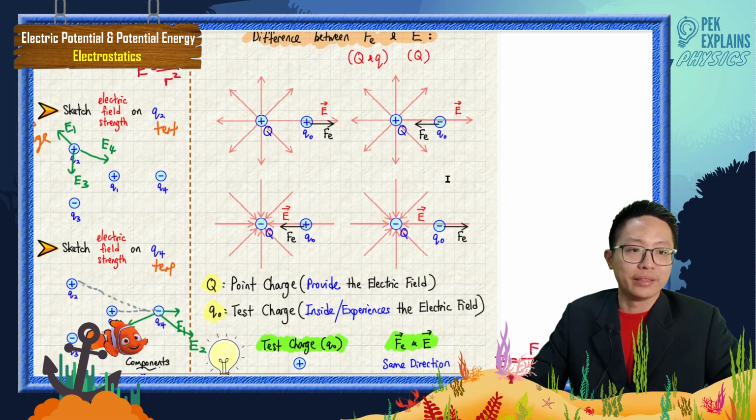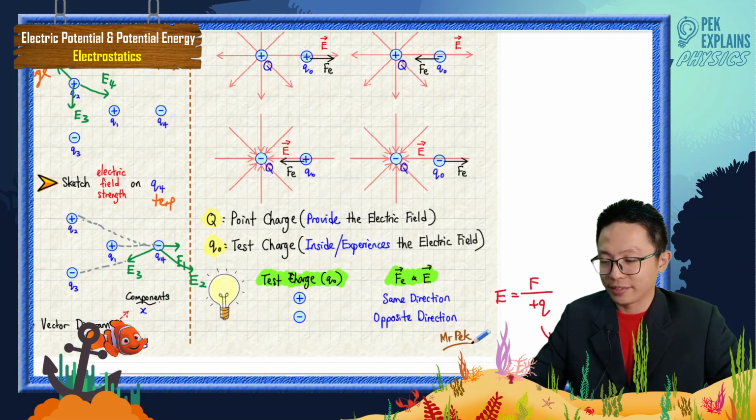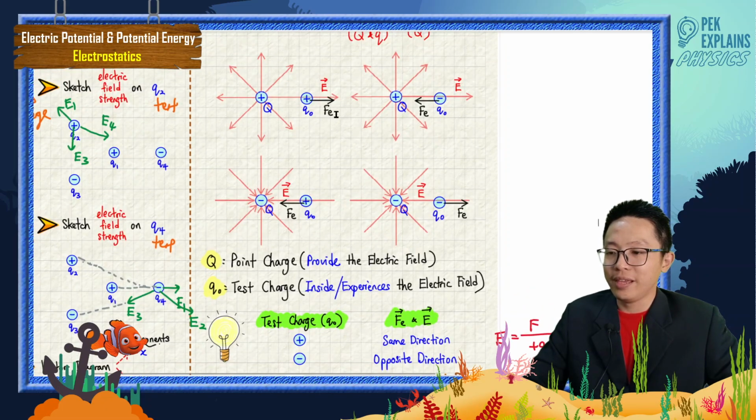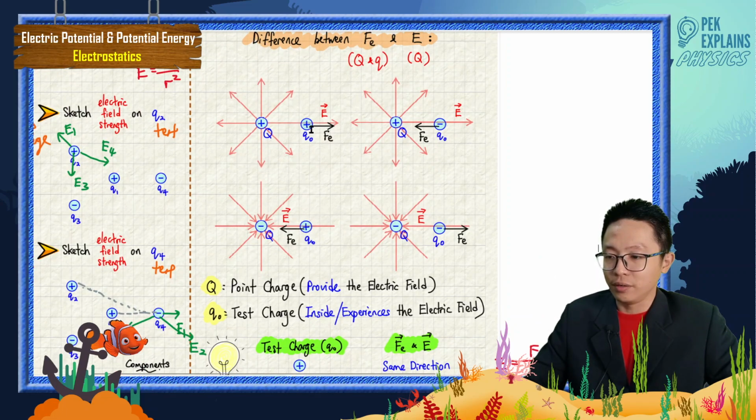Remember that? If the test charge is positive, and if the test charge is negative, what is the relationship between the force and the electric field? If it is a positive test charge, the electric field and the force have the same direction.